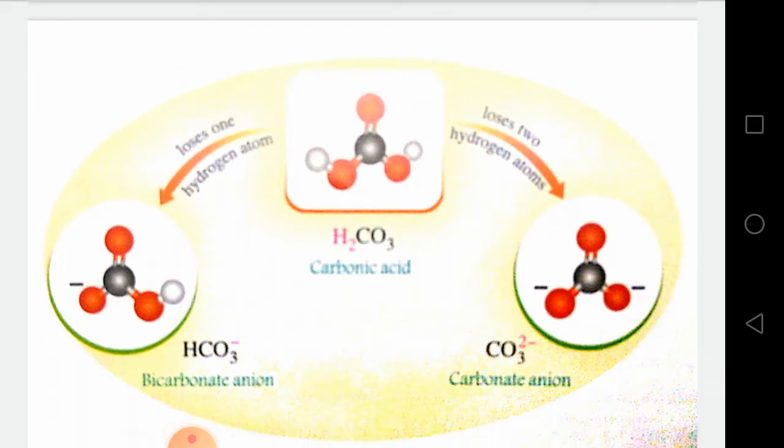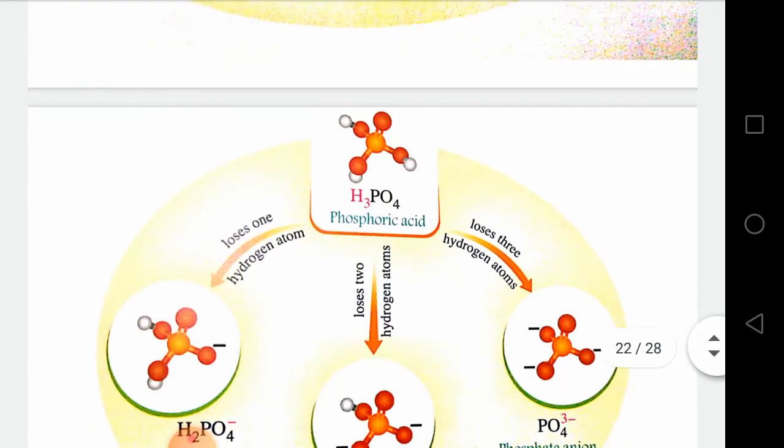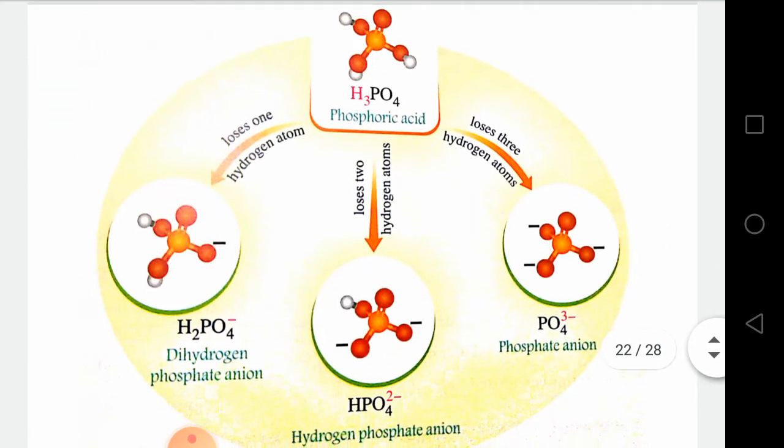The first type is called bicarbonates. In these salts, we replace only one hydrogen ion, while the second type of salts is called carbonates, and in these carbonate salts, we replace the two hydrogen ions. If the acid is tribasic, containing three replaceable hydrogen ions, this acid can produce three types of salts.